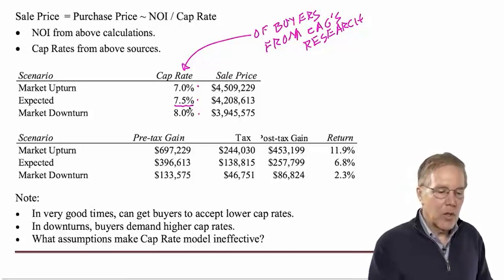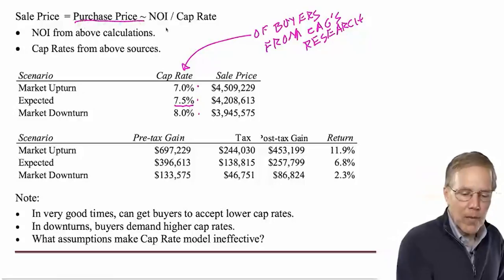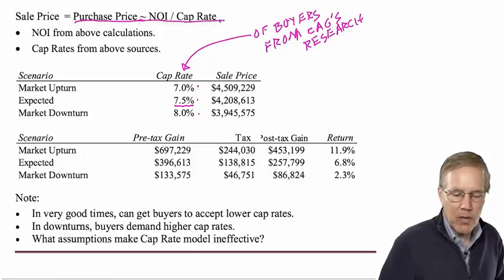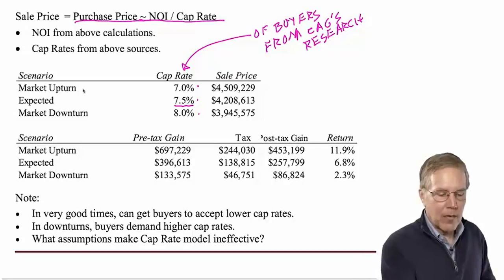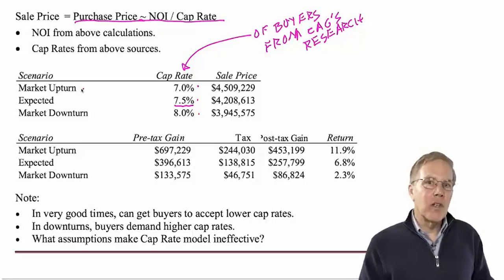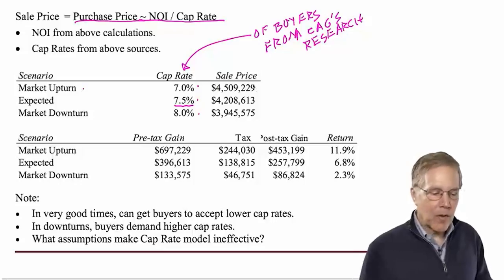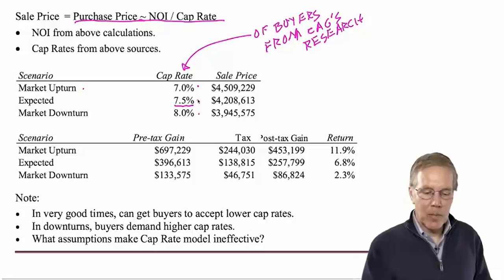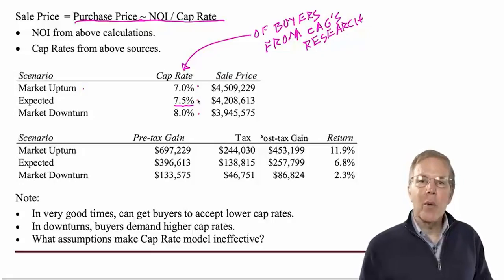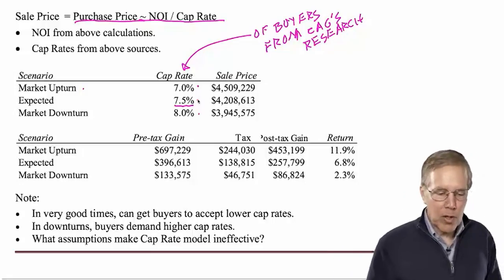7.5%. Okay, so using this formula here, the purchase price is equal to NOI over cap rate, they find that if there is a really good set of circumstances, a market upturn, that they may get $4.5 million. They're expected with a cap rate of 7.5%. They're going to get about $4.2 million, and in a market downturn scenario, $3.9 million.